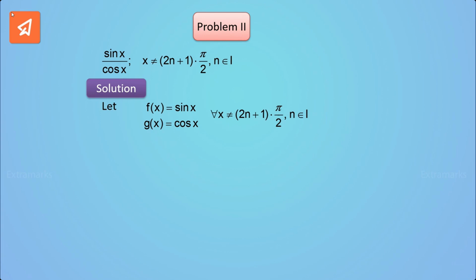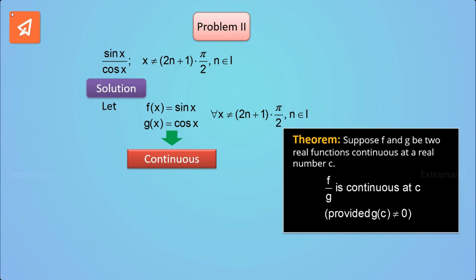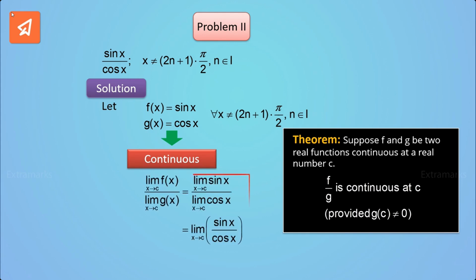Since sine and cosine are continuous functions, using the theorem that f upon g is continuous at x equal to c, provided g of c is not equal to 0, we can say that limit x tends to c f of x upon limit x tends to c g of x is equal to limit x tends to c sin x upon limit x tends to c cosine x, which equals limit x tends to c sin x upon cosine x.